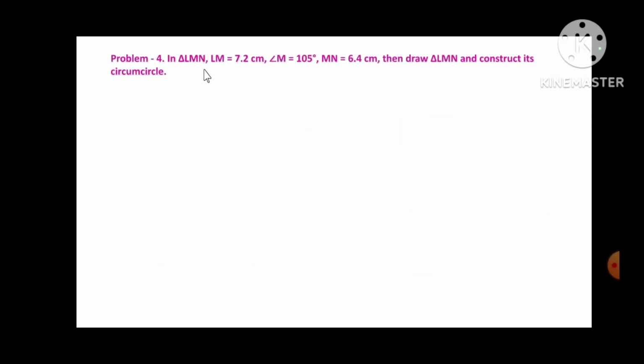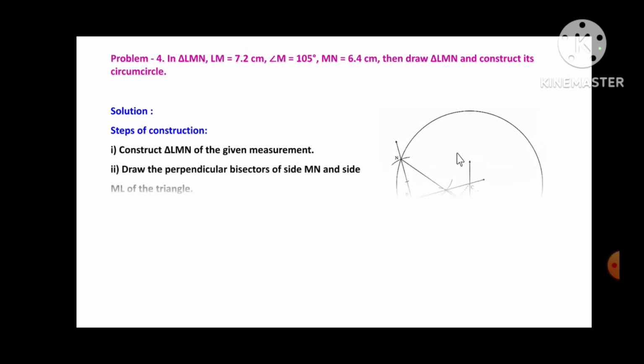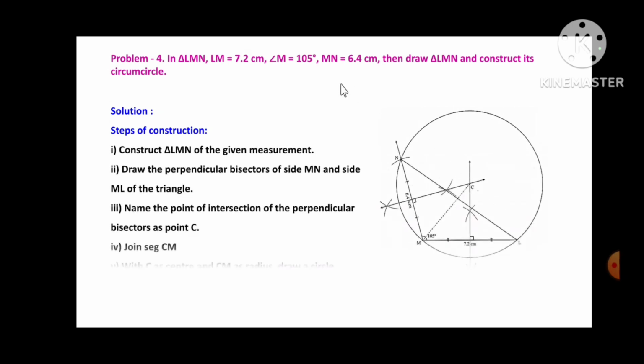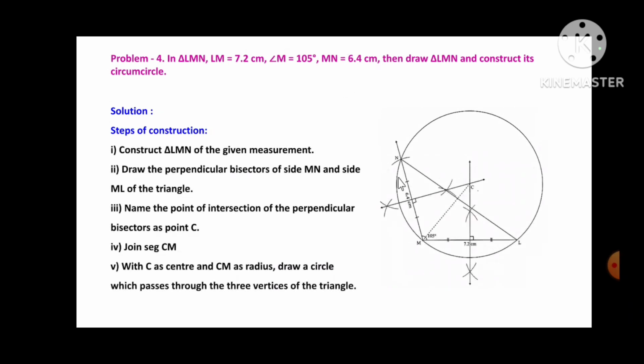Number 4. In triangle LMN, LM is 7.2 cm, angle M is 105, MN is 6.4 cm. Draw triangle LMN and construct its circumcircle. Friends, first we construct the triangle LMN with the given measurements, which becomes an obtuse angled triangle. Draw the perpendicular bisectors of sides MN and ML.